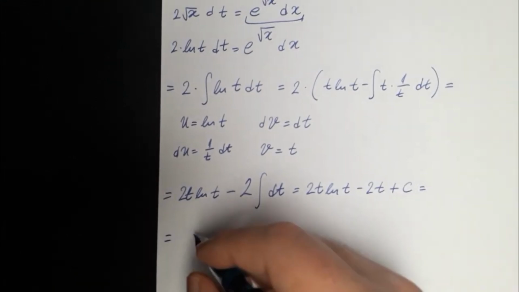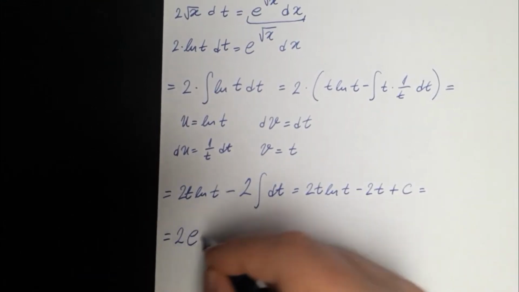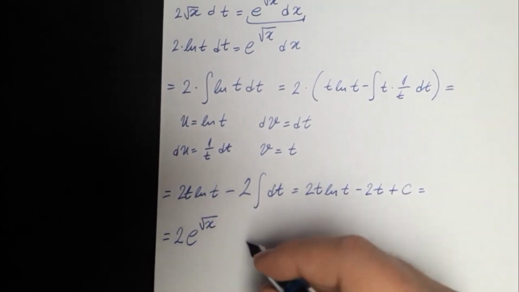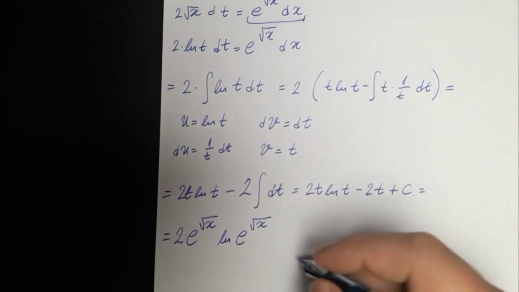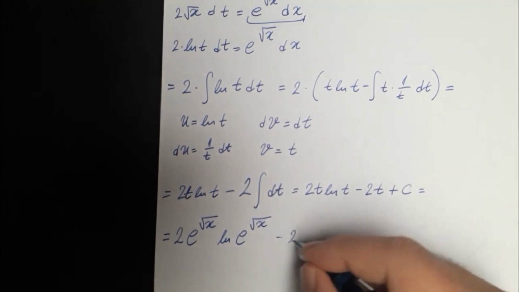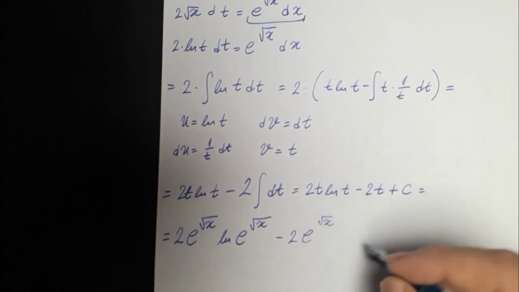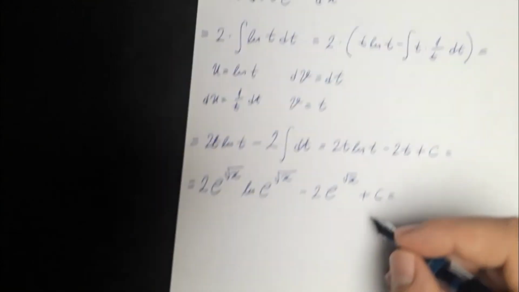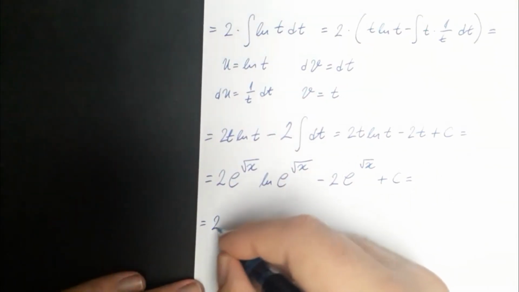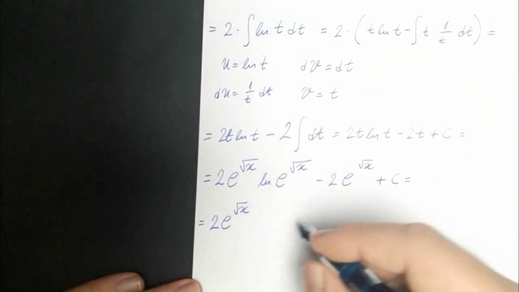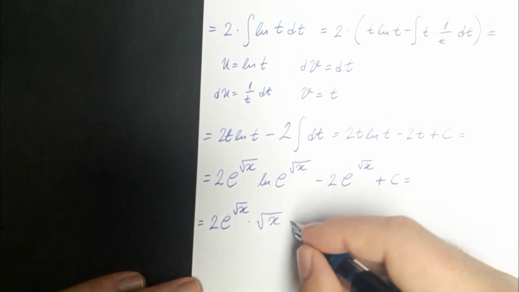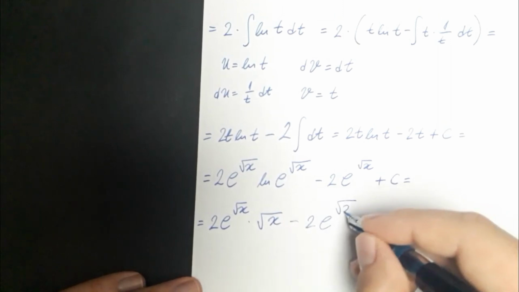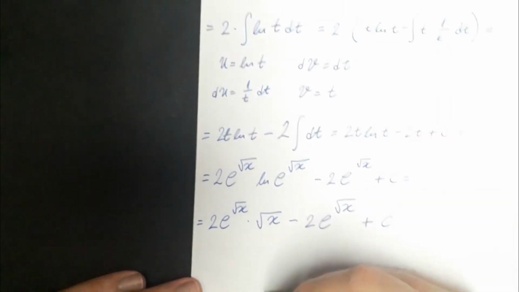And when we return into the x world, we get 2e to the power square root of x ln e to the power square root of x minus 2e to the power square root of x plus c, which is equal to 2e to the power square root of x times a square root of x minus 2e to the power square root of x plus c.